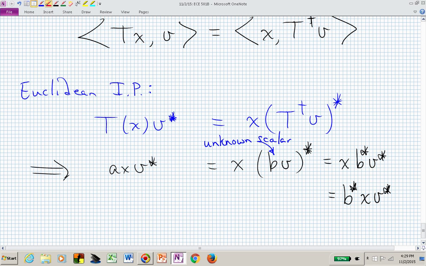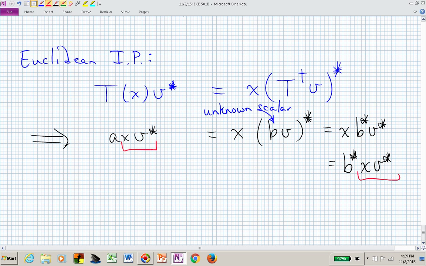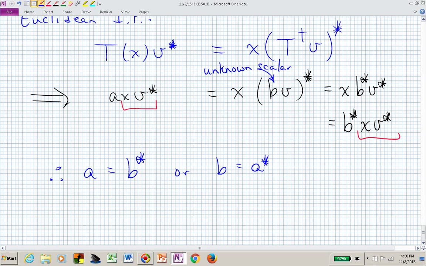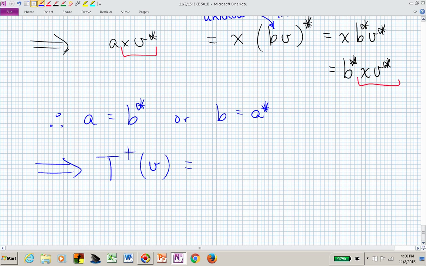And now what we can hopefully see is that we have those two pieces are equivalent on either side of the equality, and now we can conclude that A must equal B star, or B is equal to the complex conjugate of A. And we said that B was our scalar associated with this adjoint, and now that says that if we take the adjoint of V, that's going to be BV.